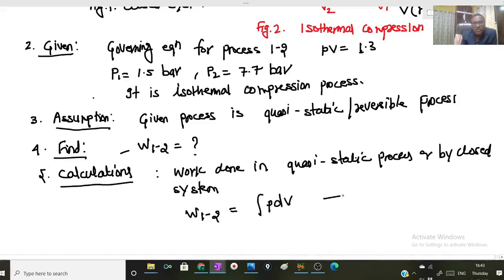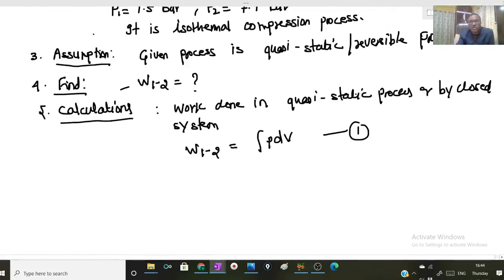Let's say this is equation number 1. Now in order to calculate work done using equation 1, I must have the relationship between the unknown pressure P and volume V, which is given to me.